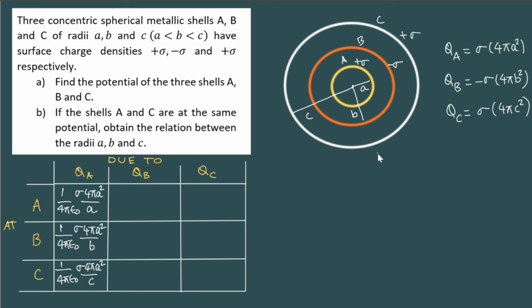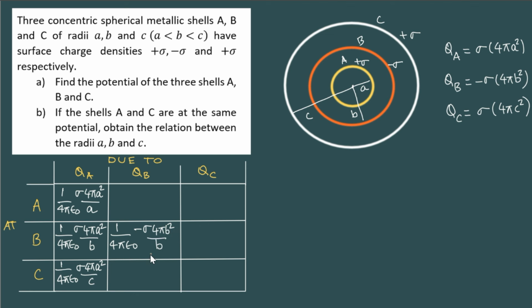Now let us look at how the charge on shell B contributes to the potentials. Let's look at shell B itself, forgetting about A and C. It would generate a potential of 1 by 4 pi epsilon naught, the charge on B, which is minus sigma times 4 pi b squared, divided by b.